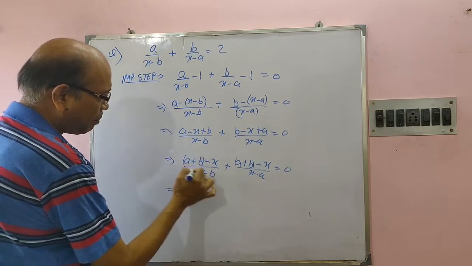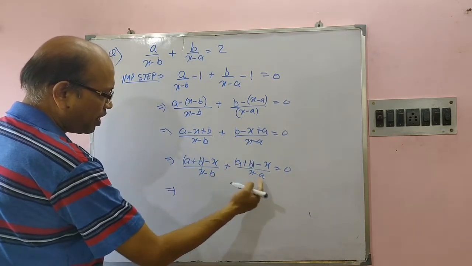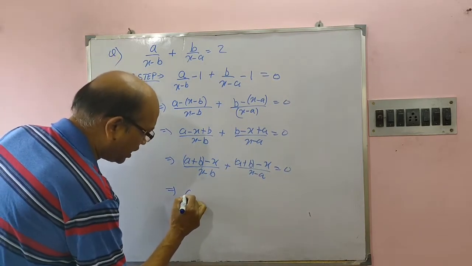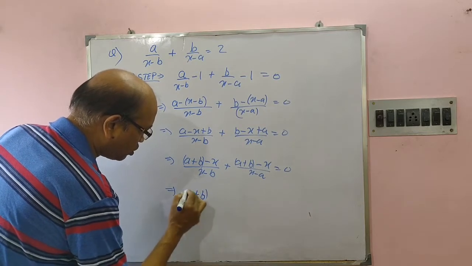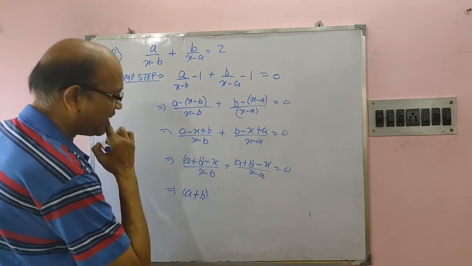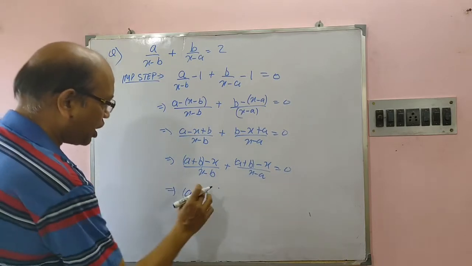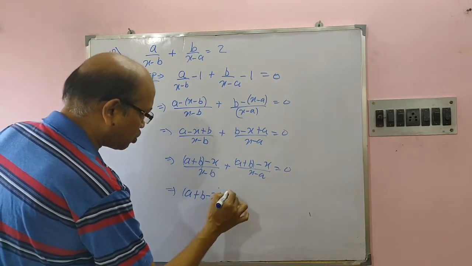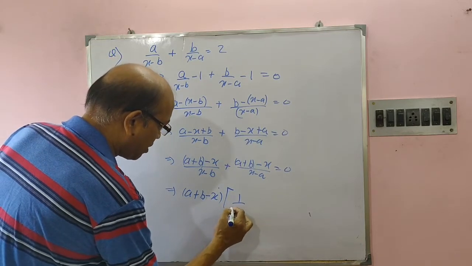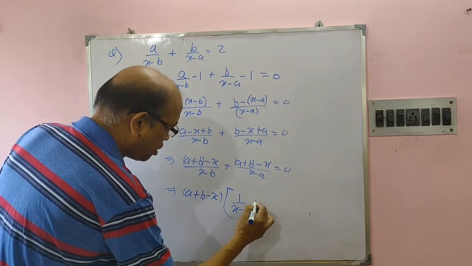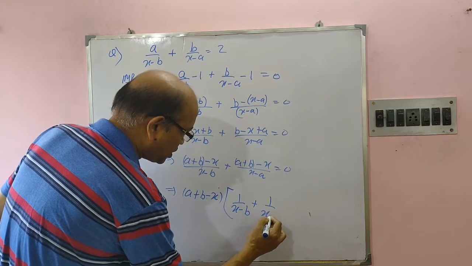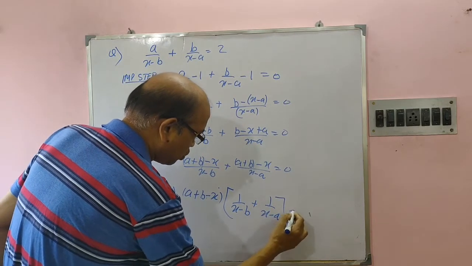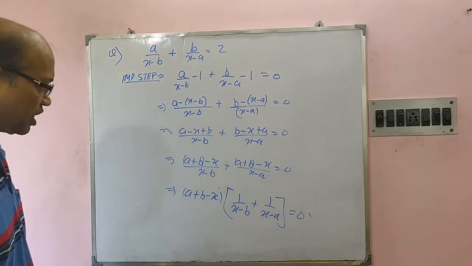Can I take a plus b as common, because I have a plus b common on both the sides? So I will take a plus b minus x as common, and here what I get is 1 by x minus b plus 1 by x minus a equals 0.